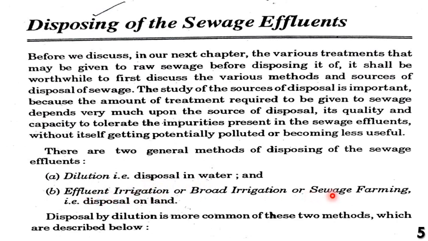This is so-called sewage farming. Farming means agriculture or any kind of growing in that area using sewage. This process is called disposal on land. These are the two general methods we use for the disposal of sewage effluents.